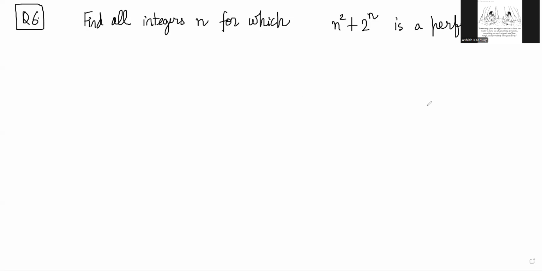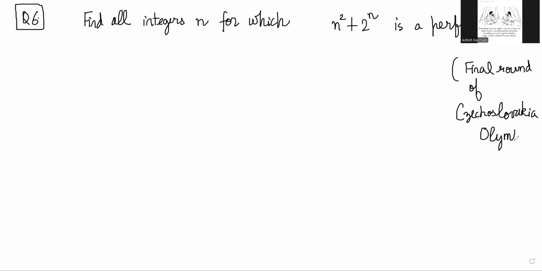This question is from the final round of Czechoslovakia Olympiad 2022. So such questions are pretty common. So think about it. If you have not tried it, try it now. Or if you have any ideas, tell me.